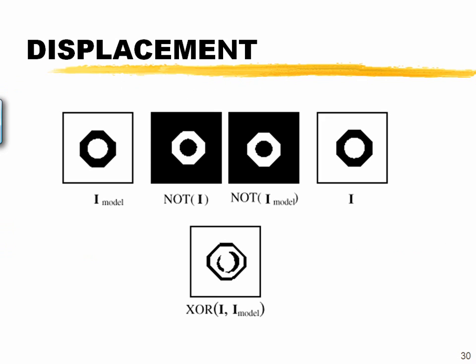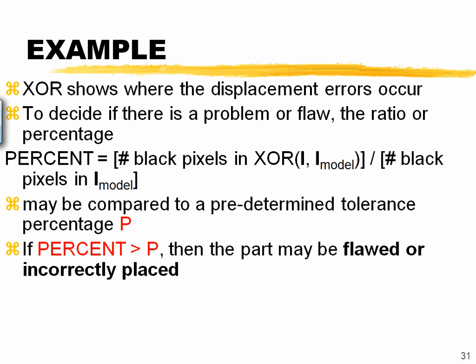So this is what it would look like. Right. If I have a model that I'm trying to compare against an image that I acquire, this is the result of the exclusive OR. Now, of course, once I get this, I need to do something more in order to figure out whether I'm going to accept this particular part or not. Okay. Well, that's dependent on the specifications that you're given within which the vision system needs to work.